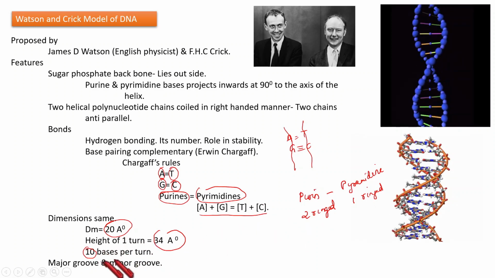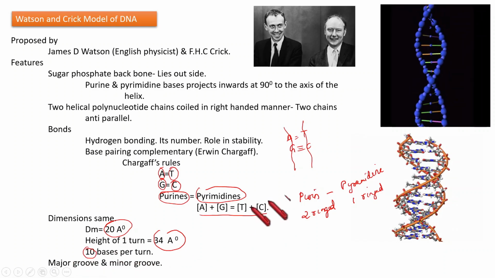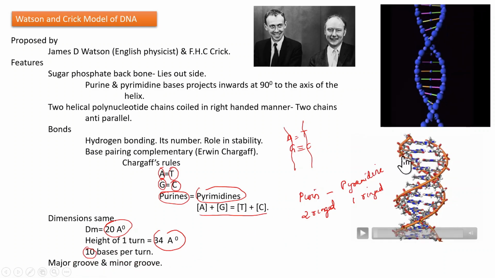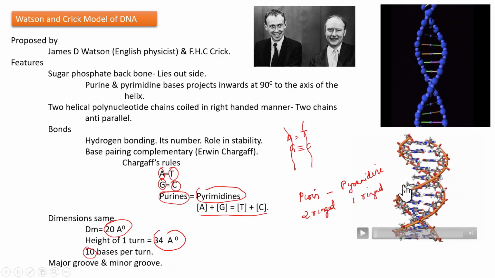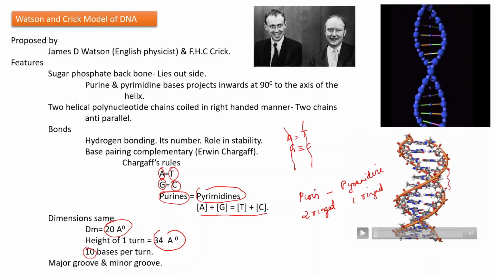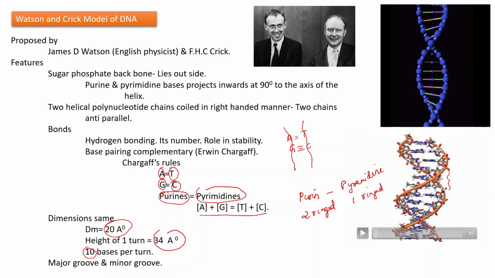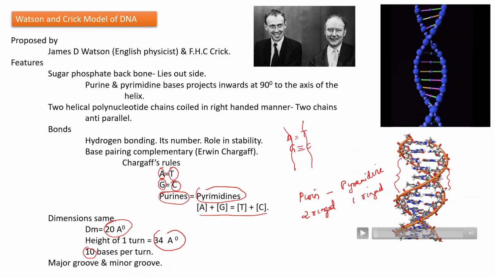The other point is that the DNA possesses a major groove and a minor groove. This one is a major groove. Its diameter is more when compared to that of the minor groove. Minor groove we can see here. This is a minor groove. Its diameter is less when compared with the major groove. Why are the major groove and minor groove present?